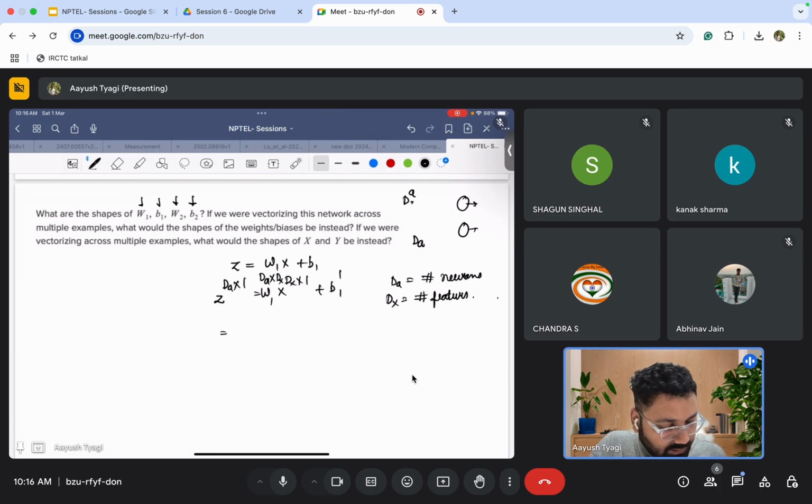So the b also has that dimension. Is it clear? Any doubt in this? Am I audible?